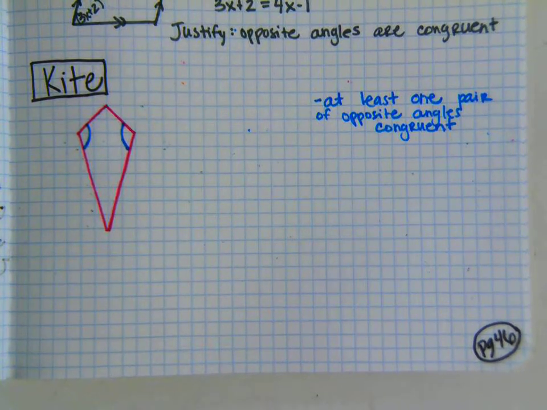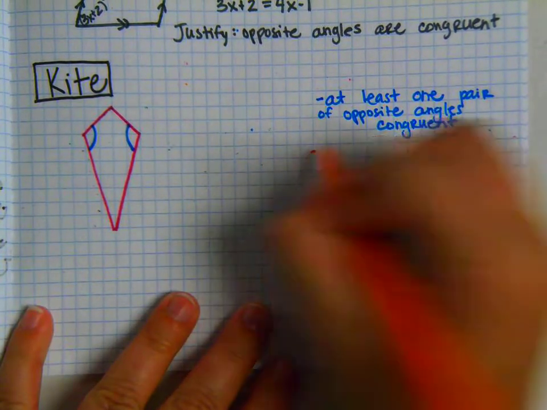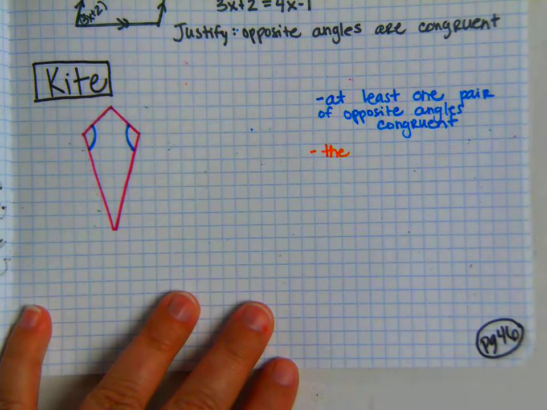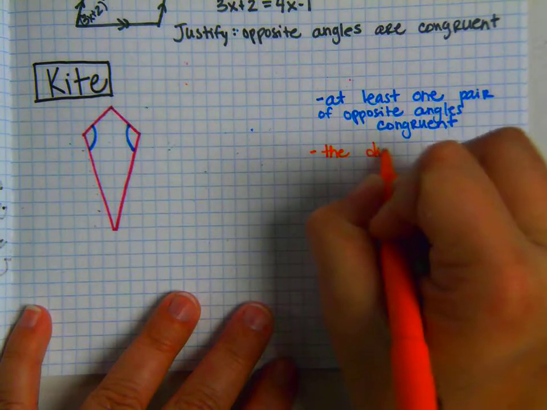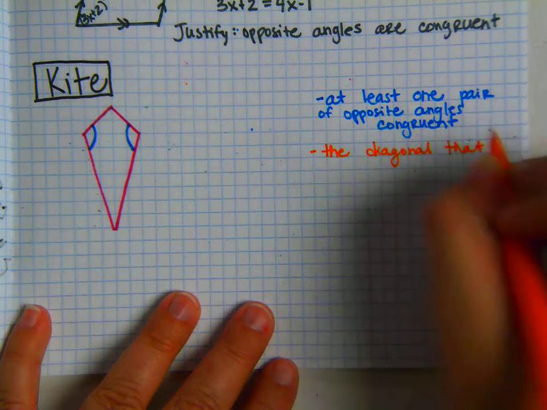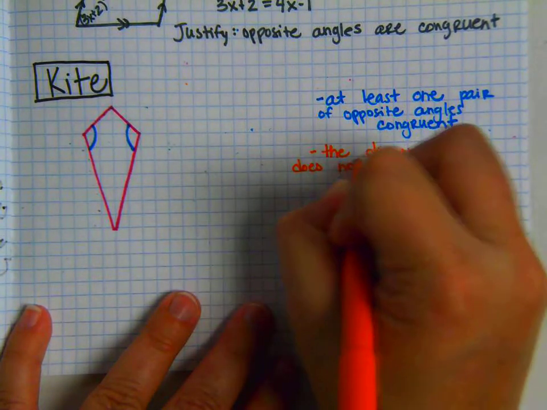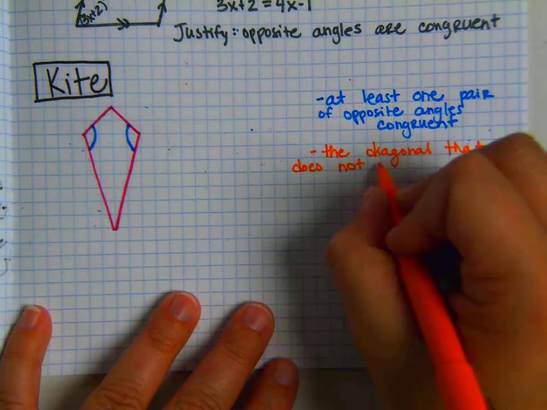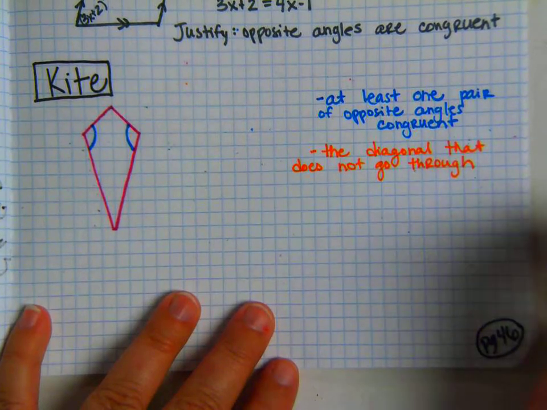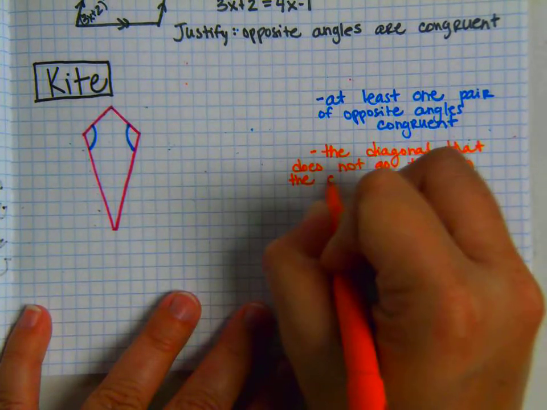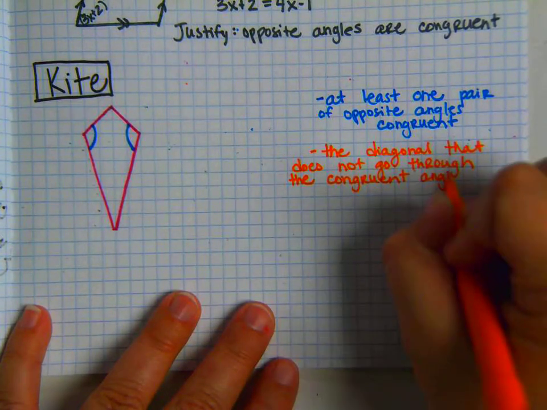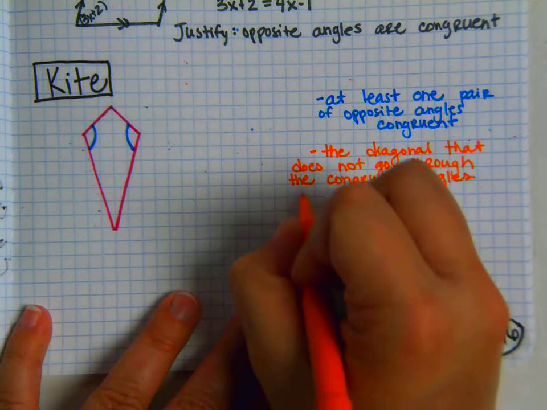Okay? The next property, the diagonal, and this one may seem a little complicated. It's not. Let's just write it down and then I'll explain it. The diagonal that does not go through the congruent angles is an angle bisector.